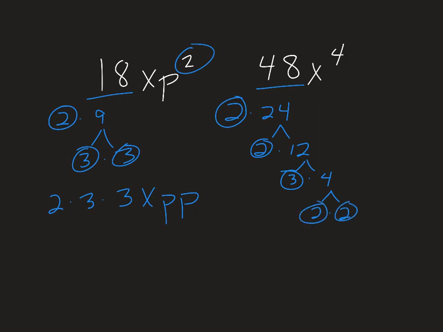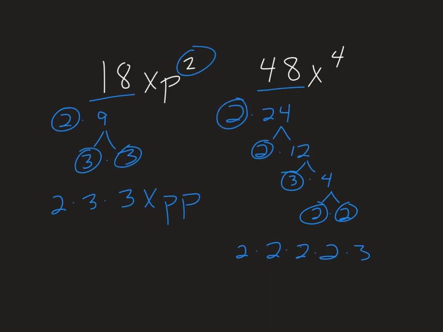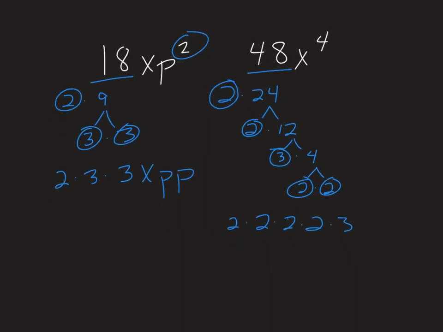So the fully factored form of 48 is 2 times 2 times 2 times 2 times 3. Typically, when we do the fully factored version of something, we write it in order from least to greatest. Doesn't really matter in the grand scheme of things, but it's just what we have a tendency to do. And then x to the fourth is just going to be x times x times x times x.